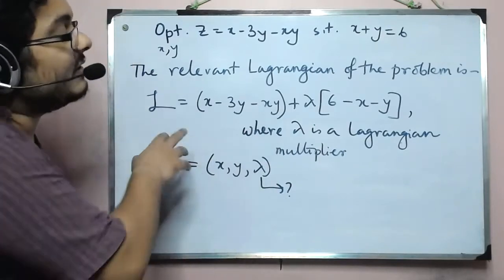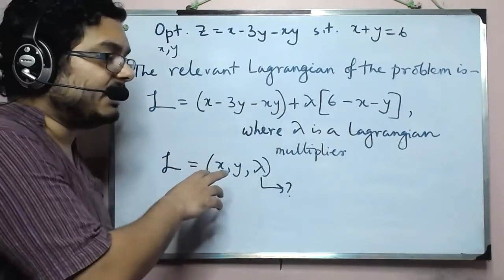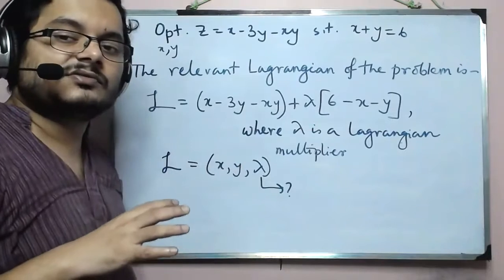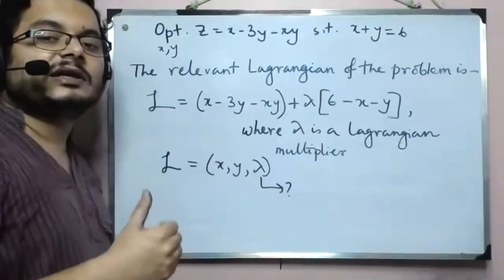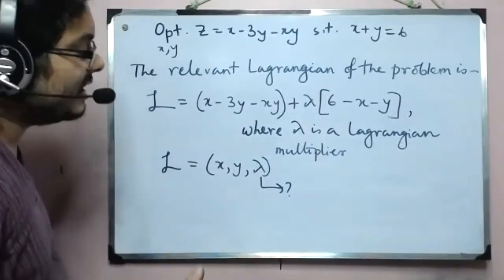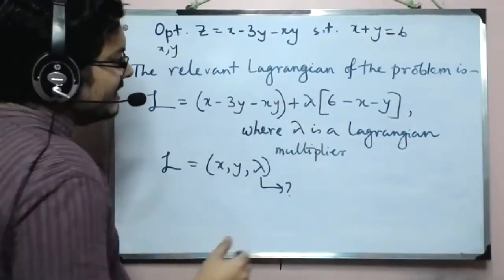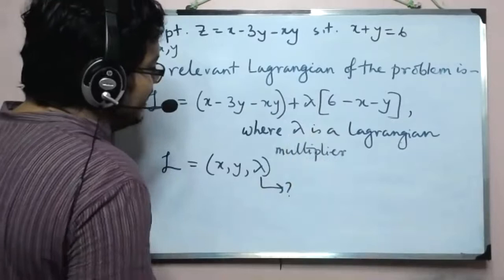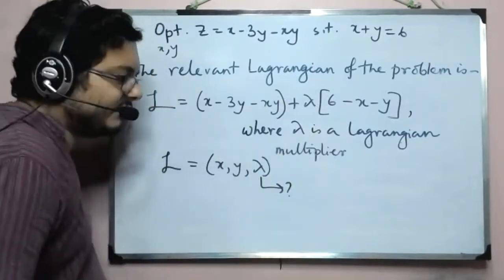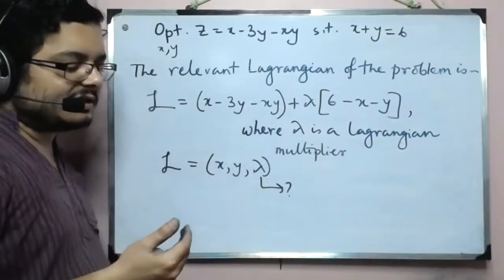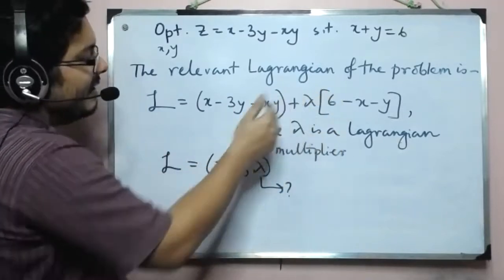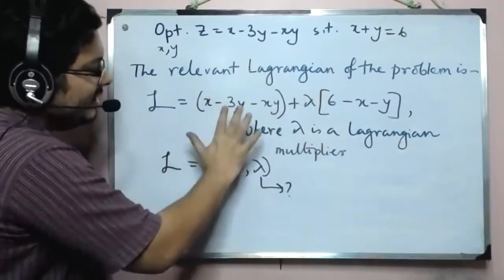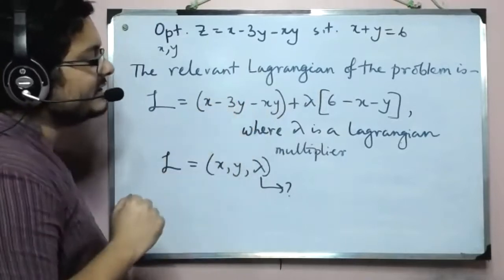Now, while optimizing, lambda gives us the answer to how that effect is carried forward. What I'm trying to say is, if I shift the budget line, how will the optimum change? That effect of the constraint is carried by lambda into the optimization problem.